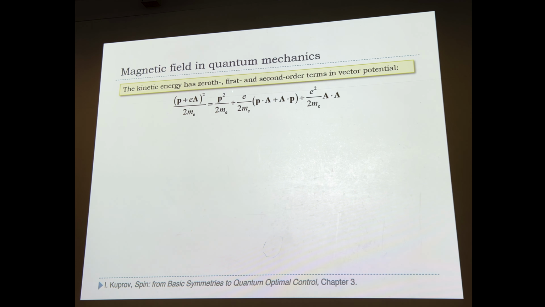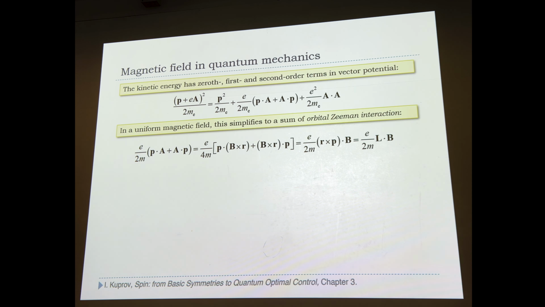So we've got P squared, we've got P dot A and A dot P, and we have the A squared there, and let's take a look closely at what these terms mean. This, of course, is our standard kinetic energy, momentum squared over 2m, but these will involve magnetic interactions.